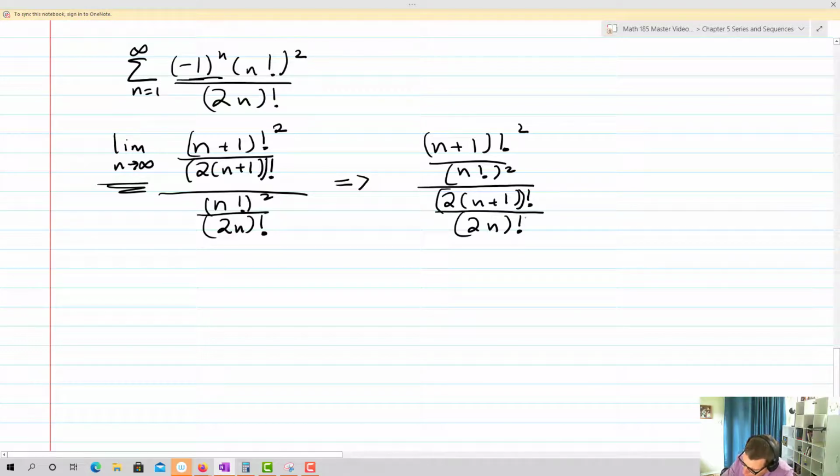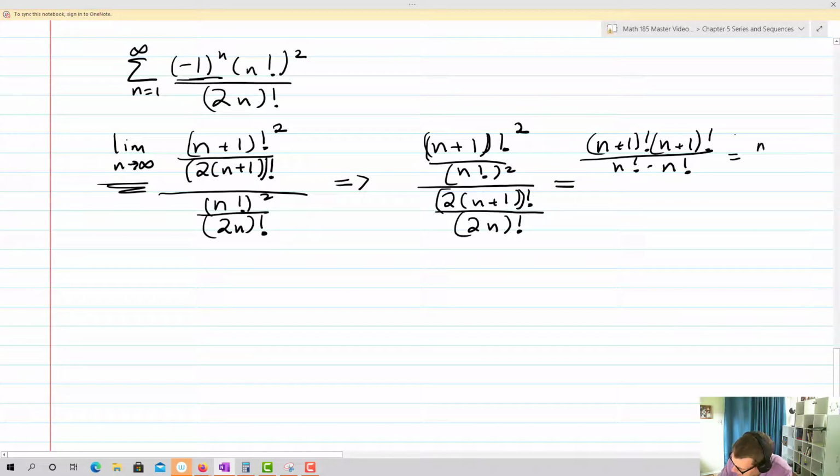So what we have to do here is think through it. The first thing I notice is that this is basically just (n+1)! times (n+1)! divided by n! times n!. And when I simplify that, it gives me just (n+1) times (n+1) on the top.